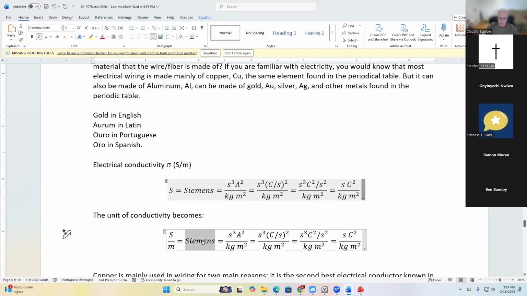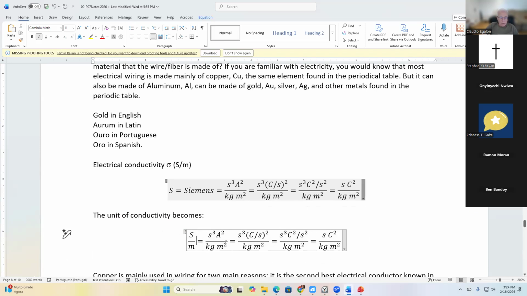We don't need that anymore. All we need to do is to adjust this other one. It becomes second coulomb square kilogram cubic meters. That's what the unit of conductivity is all about. It depends on the mass of the metal, of the conductor. Depends on time, depends on the length of the conductor as well, and how many coulombs it can carry, right?